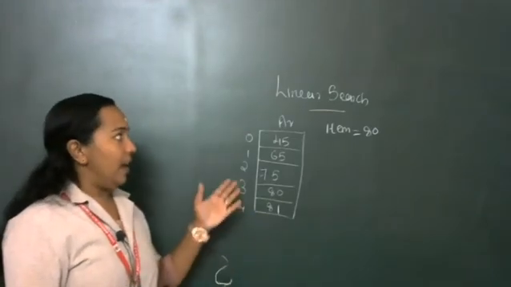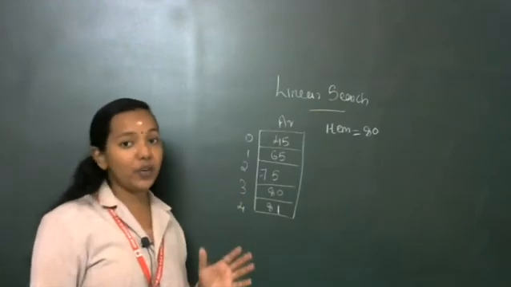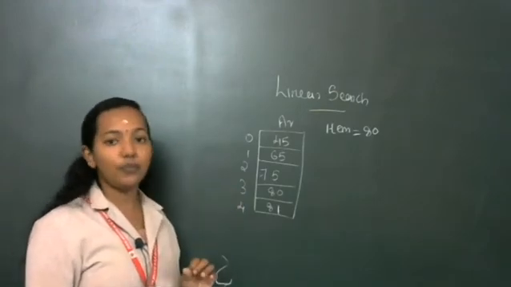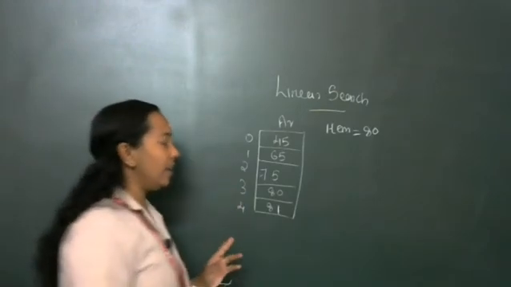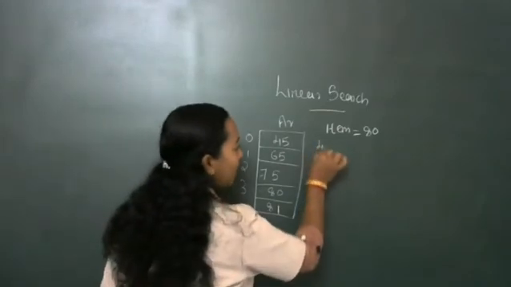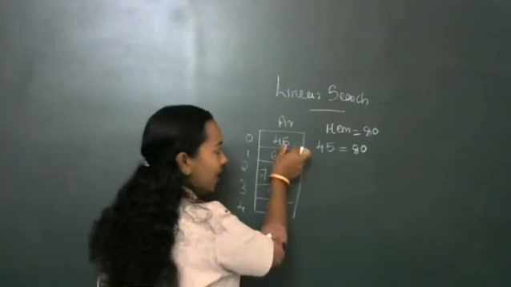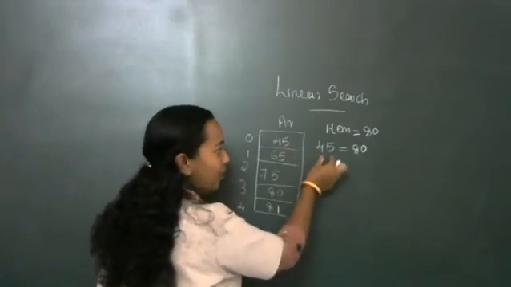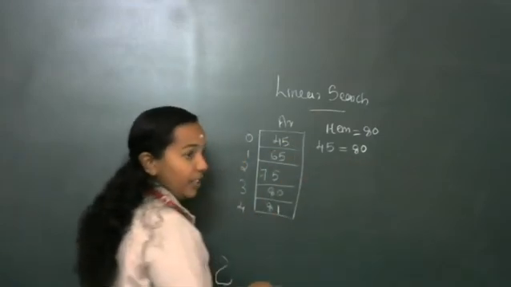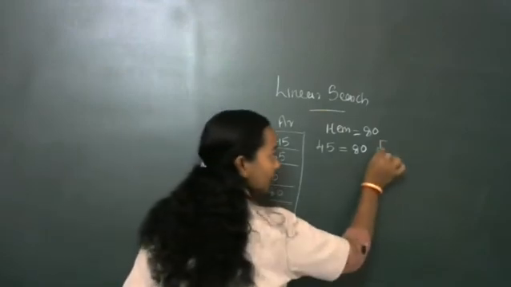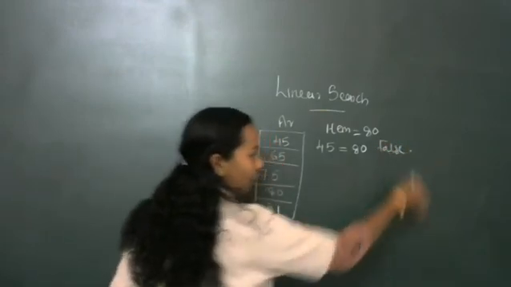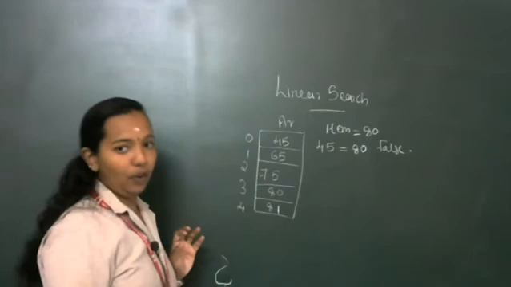Linear search means sequential search, so we start from the first location. We check whether 45 is equal to the item, that is, whether the value is equal to 80. No. The condition is false.